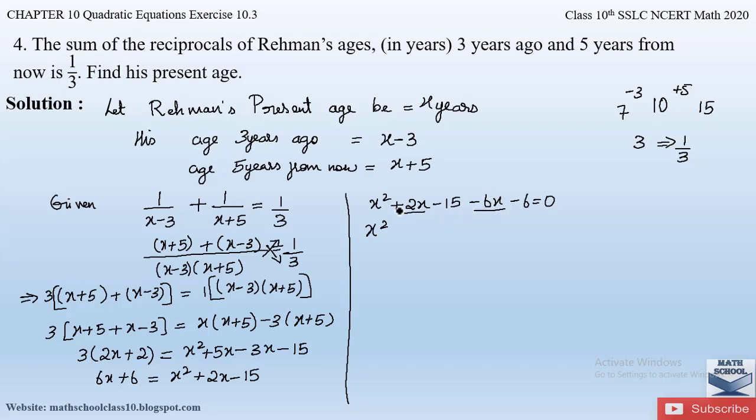So the greater number's sign is going to come here after subtraction. So the greater number's sign is minus, since it is minus 6x. So subtracting 6x from 2x, you're going to obtain 4x, and minus 15 and minus 6 here we have. So we are going to add with a minus sign. So 15 plus 6, it is 21 is equal to 0.